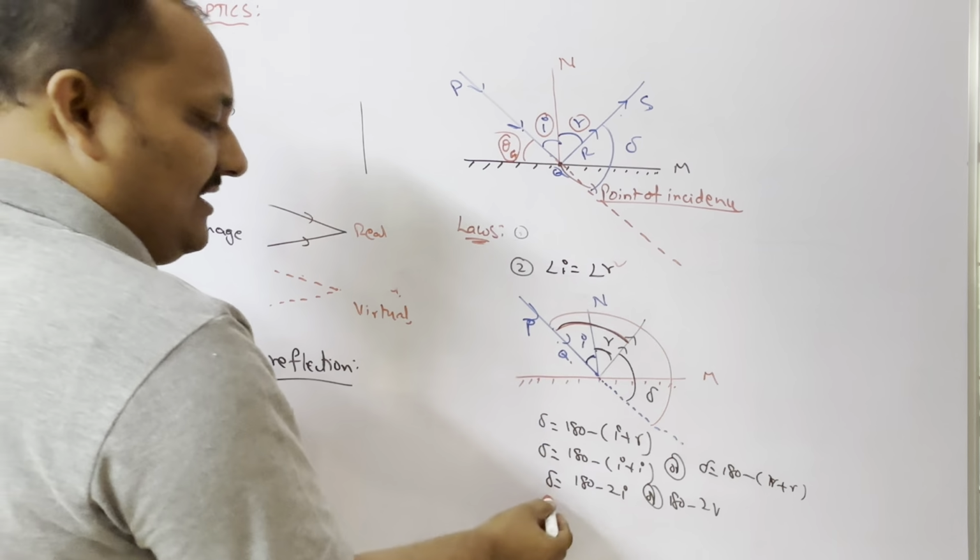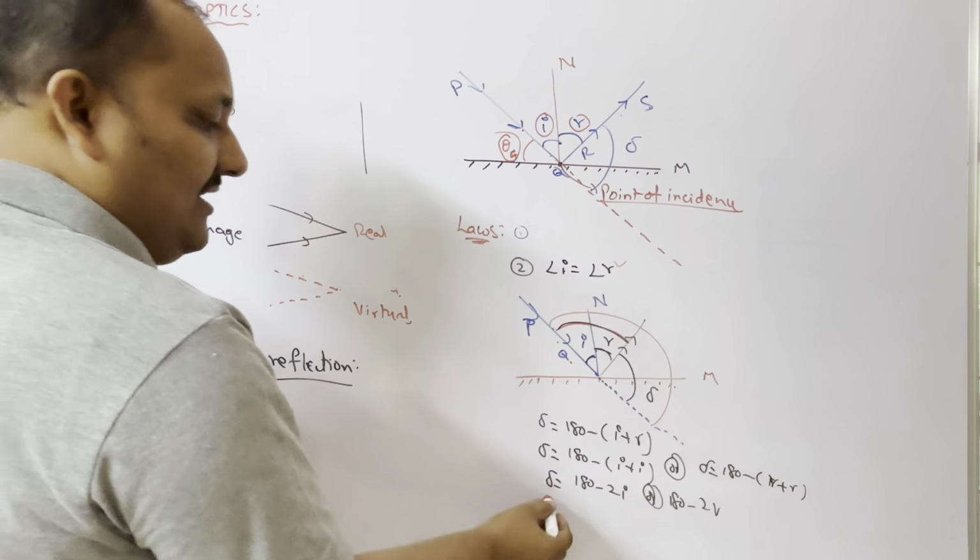So how to draw the graph? If i is 0, what is delta? Delta is going to be 180 if i is 0. Angle of incidence 0, delta is 180, somewhere we will take it. Then delta is going to decrease.